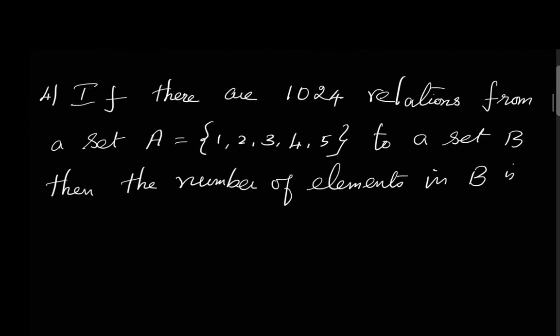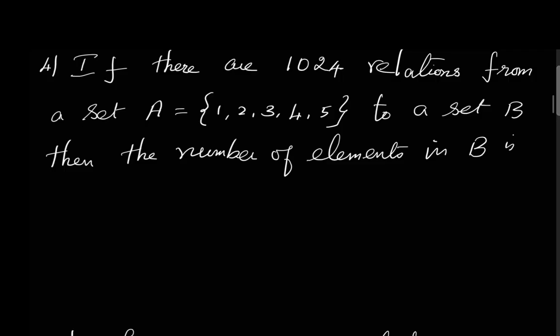Next sum. If there are 1024 relations from a set A to a set B, then the number of elements in B. So there are 1024 relations. There are 1024 ordered pairs from the set A to B. So let me write this as a power of 2.